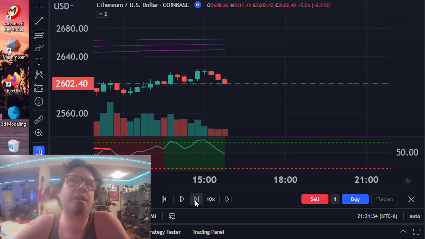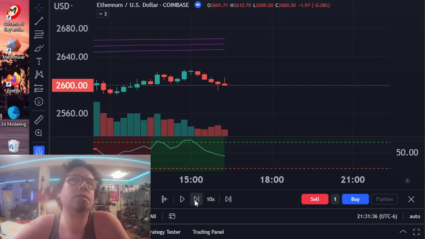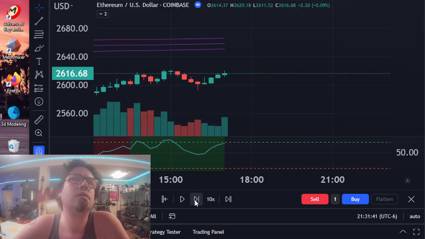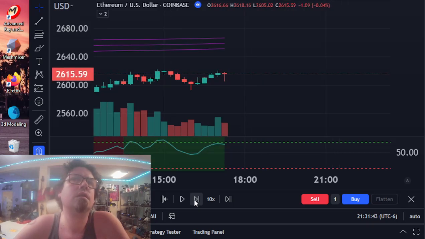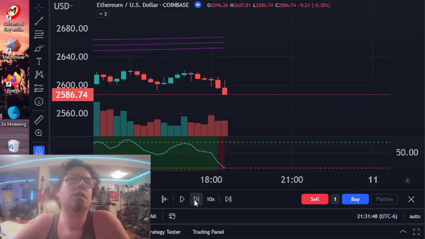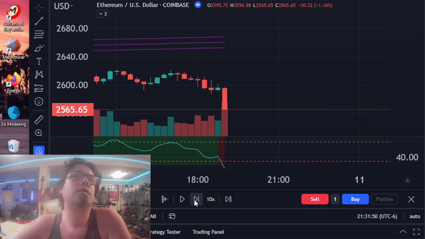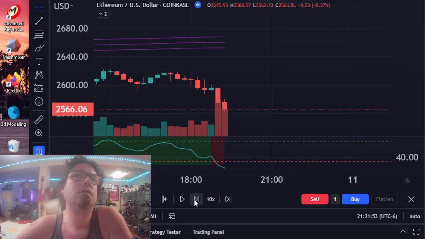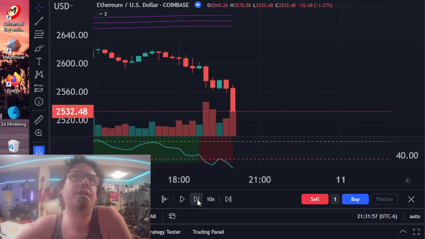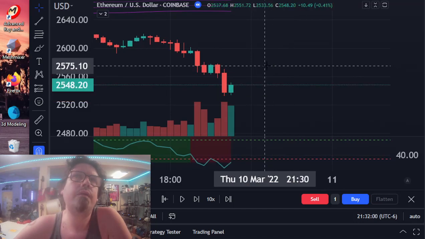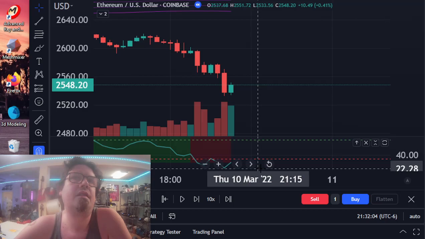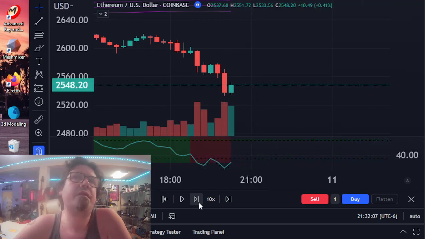Nothing special going on there. Nothing special going on there. This is a pretty big difference, but no divergence.